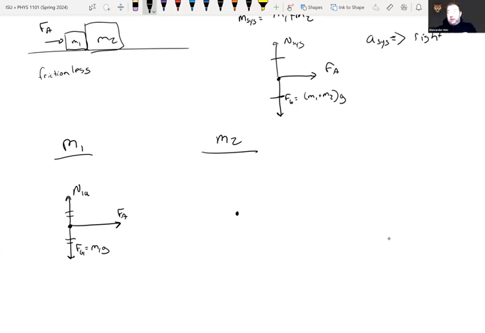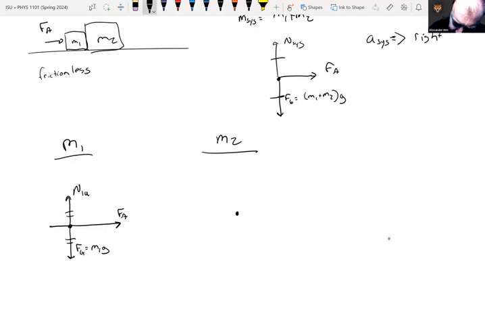But here's the thing: you can imagine that if M1 and M2 are initially slightly separated, you start pushing on M1, it will close that distance, and then it will make contact with M2, and it can't go through M2, okay? So the force that prevents it from accelerating through M2 is a normal force.